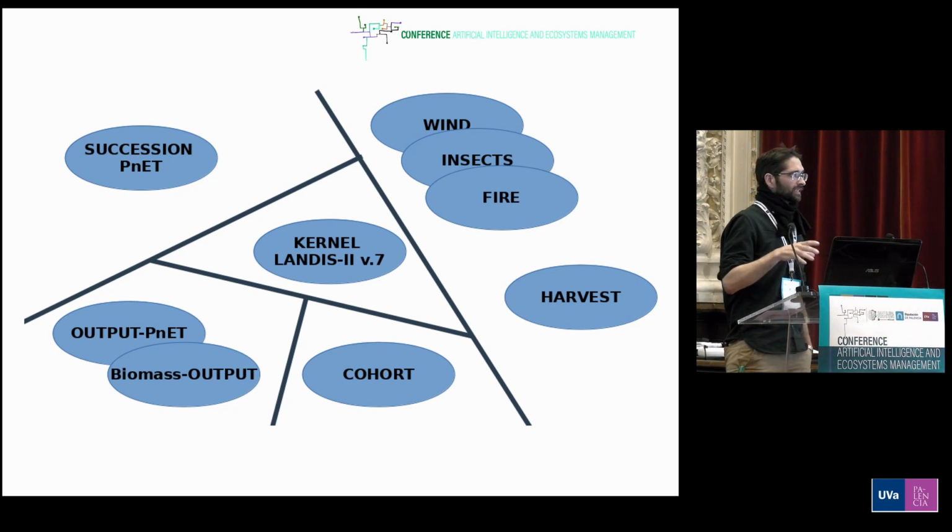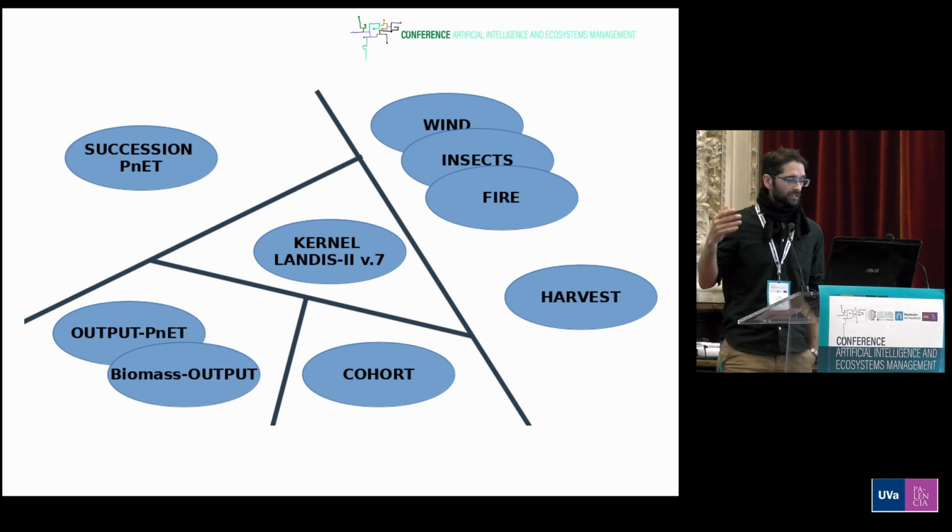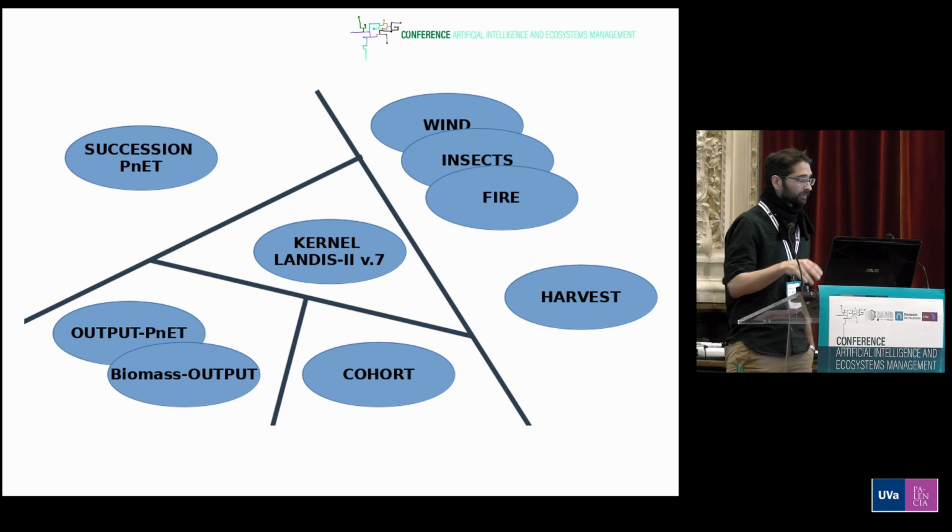Fire is not really essential. Most of the areas are not really affected by fire. But you can have winds, insects, harvest is quite important, and you will have some modules about the output data, some module about aging each of your cohorts in the pixels, so that your forest can be getting older. Quite nice, complex, but nice.